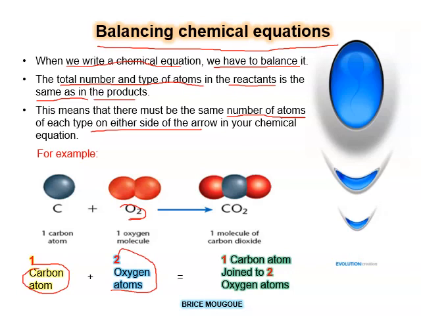In one molecule of carbon dioxide, we're still going to have one carbon atom, it's justified here, and two oxygen atoms. That's justified here. So everything has been accounted for. One carbon, two oxygen, everything is accounted for.